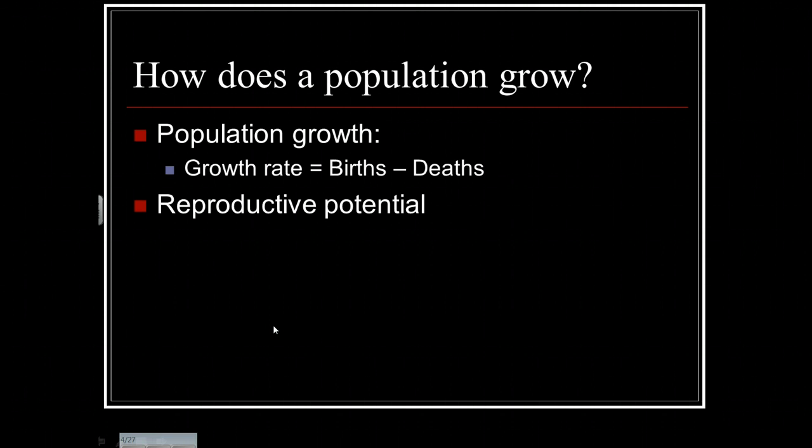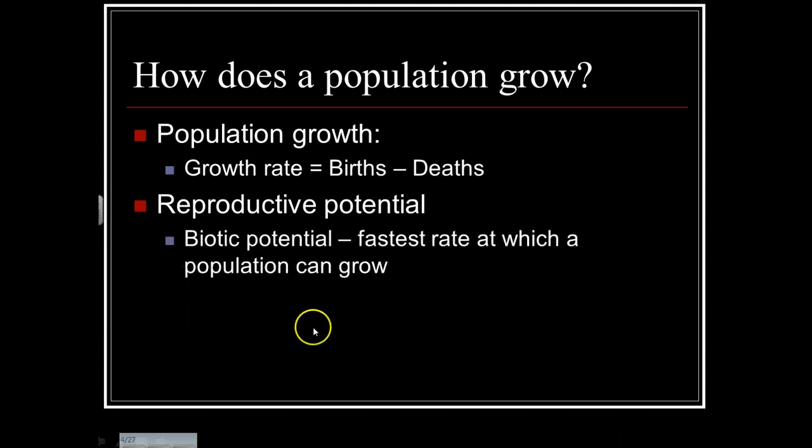Affecting that, though, there are some things that need to be considered. One of those concerns is the reproductive potential. Reproductive potential means how much these organisms are capable of reproducing. It's the rate that's limited by the number of offspring that each member can produce.